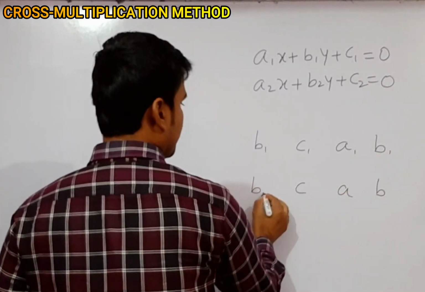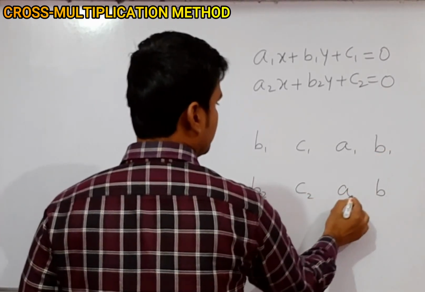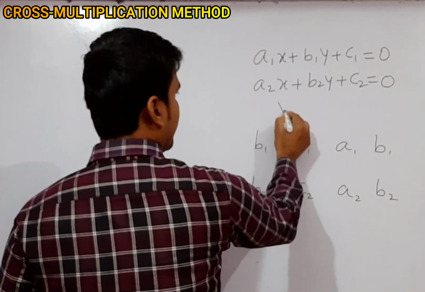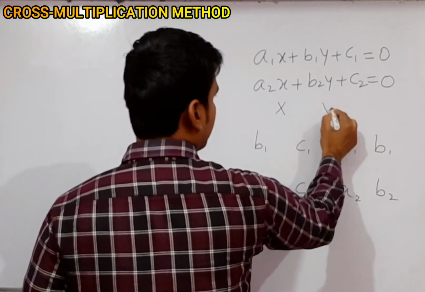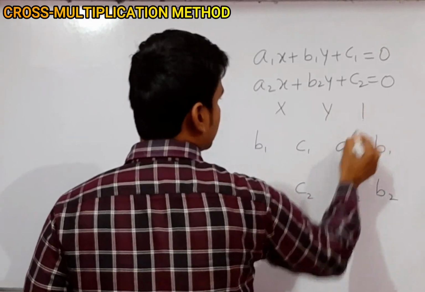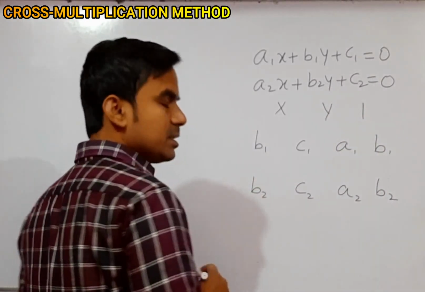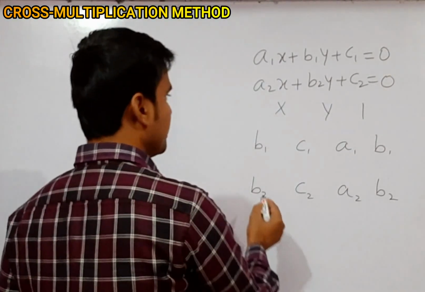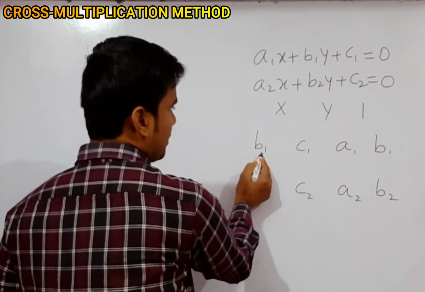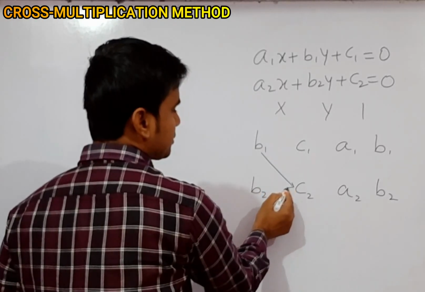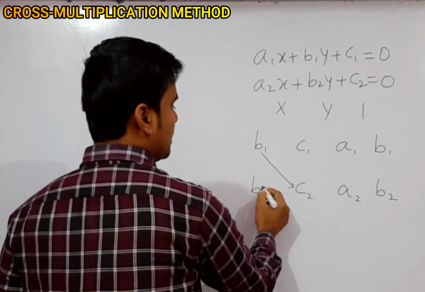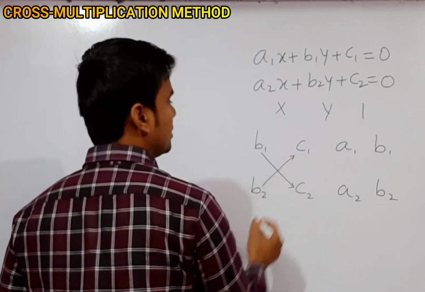In the second line we write 2 2 2 2. Okay, here we write x and here we write y, here we write 1. Since it's a cross multiplication method, so what we do, that we cross multiply b1 with c2 and then we multiply b2 with c1.